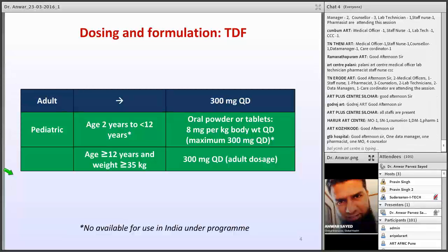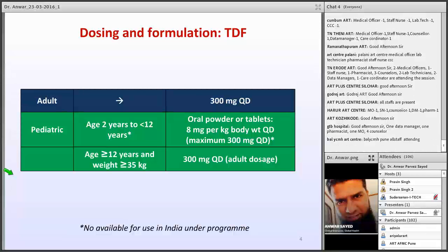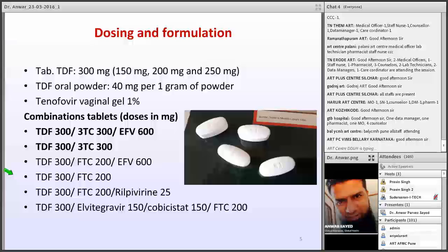From 2 to 12 years, it can be given in the form of oral powder or tablets, and for more than 12 years and weight more than or equal to 35 kg, the adult dose can be given. That is the guideline in our program also, that if age is more than 12 years, we can give tenofovir also.